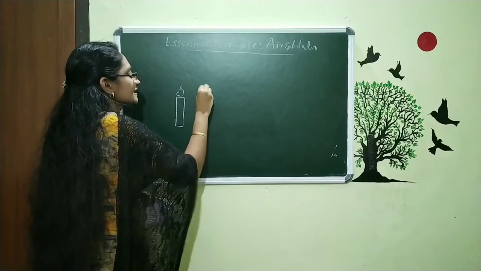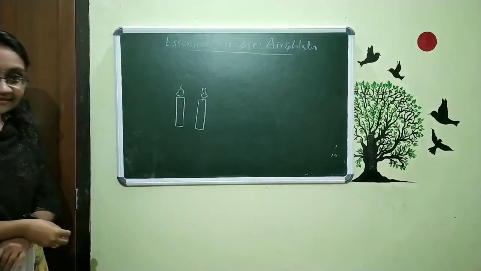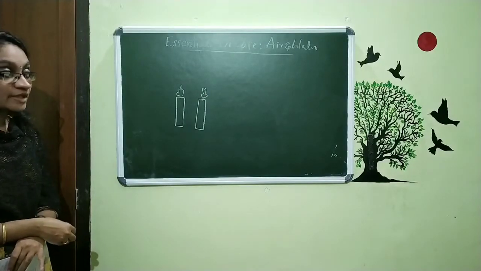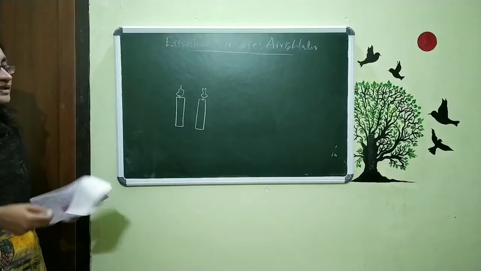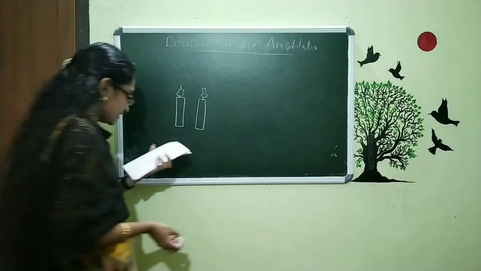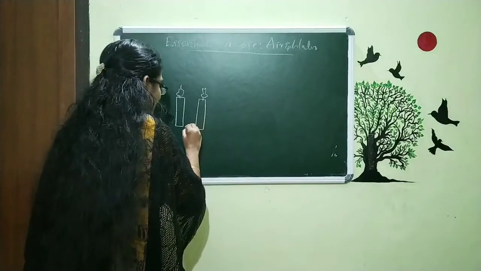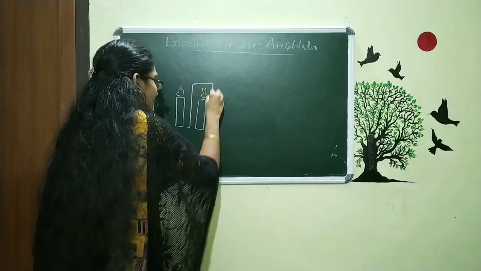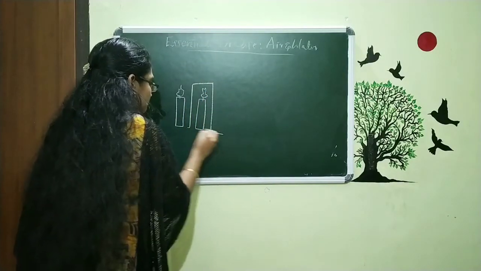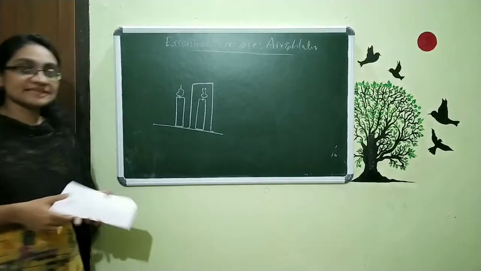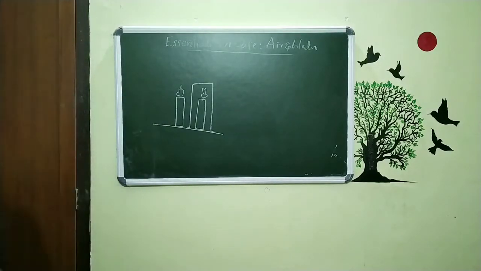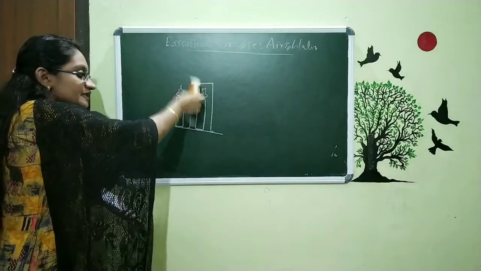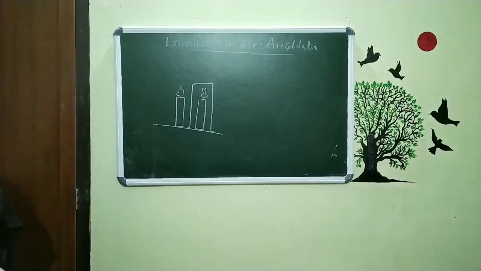I am just taking two candles and lighting them. Now just take one beaker or glass and put it inverted. So I am just taking the glass, and if this is our glass, I am putting it by inverting.